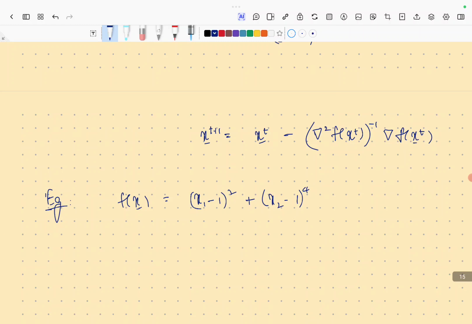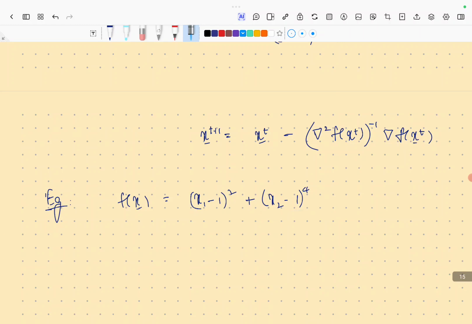F double prime, again it's a function in two variables, x1, x2. Okay, do you want to really compute the Hessian? Is there an easy way of seeing that this function is convex? The sum of two convex functions is a convex function, exactly. And what about each of these functions individually? This is convex. This is also convex.